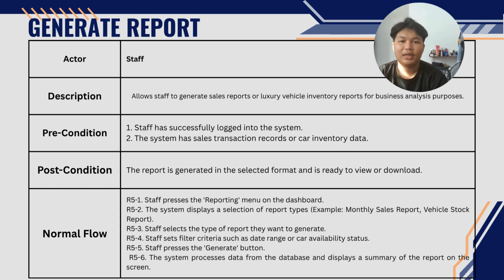Staff can then select the desired report and set specific filters such as date range or car availability status. Once the generate button is pressed, the system processes the data from the database and displays a summary directly on the screen.